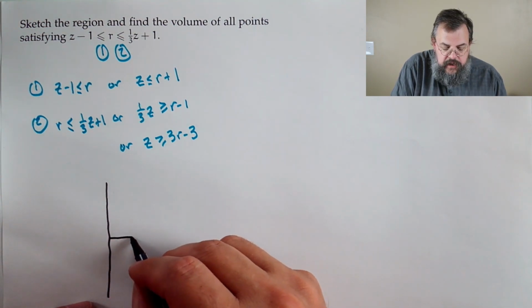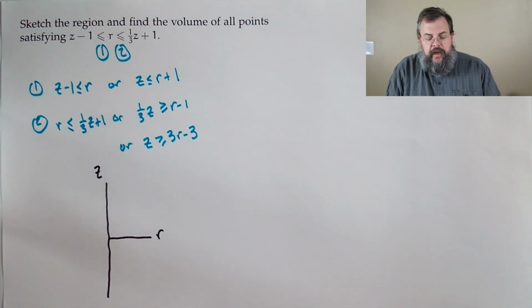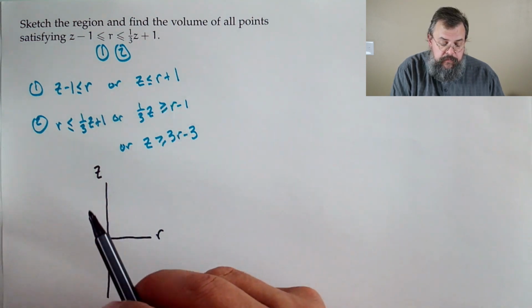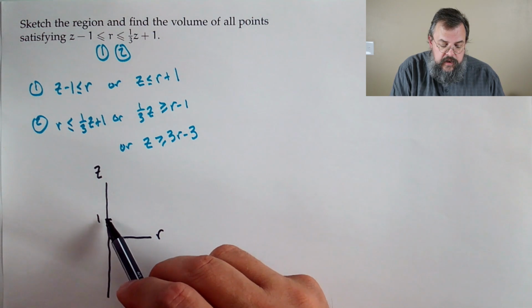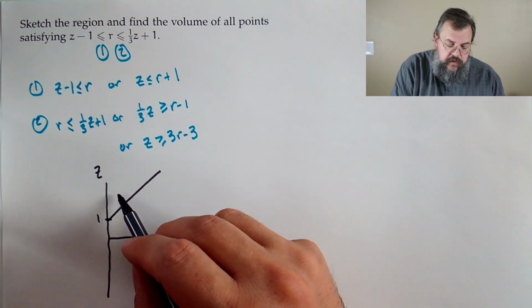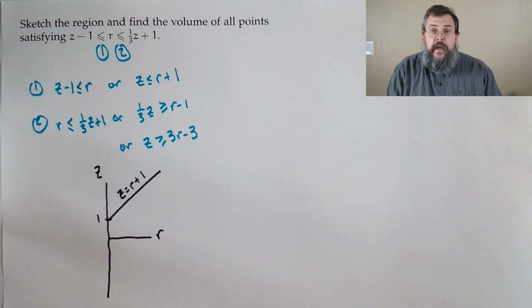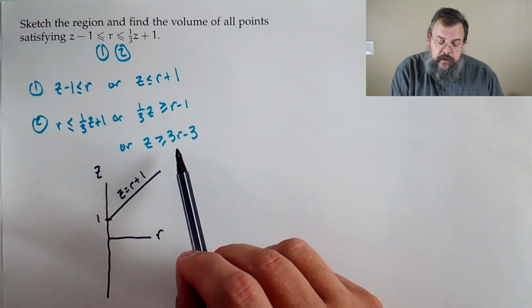So let's start by getting an idea here. I'm going to mark here, this is r and z. And let's see. z is less than or equal to r plus 1. So I come over here to 1, and I start the line up. So this is z equals r plus 1. And on the other hand, I have z is greater than or equal to 3r minus 3.